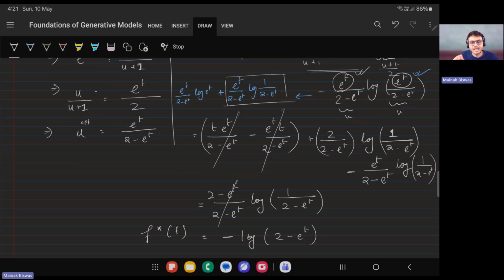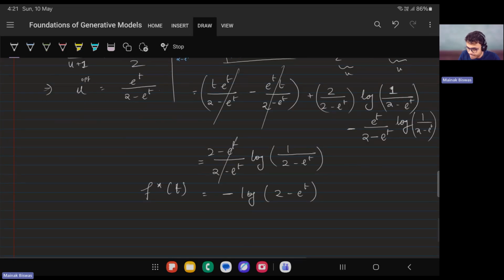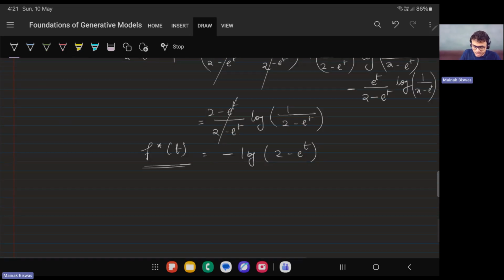Wow. So now I have an answer to my question. So my answer is f star of t is this. Therefore my equation of the f-divergence between p and q would become the supremum over w. I'm going to parameterize using w.